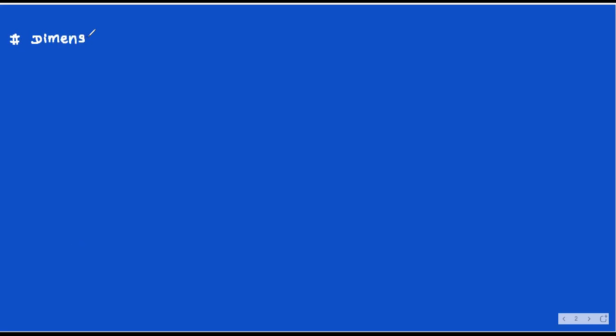Dimensions of some physical quantities. Let's take a little bit difficult one, since the simple ones I felt you might have done.